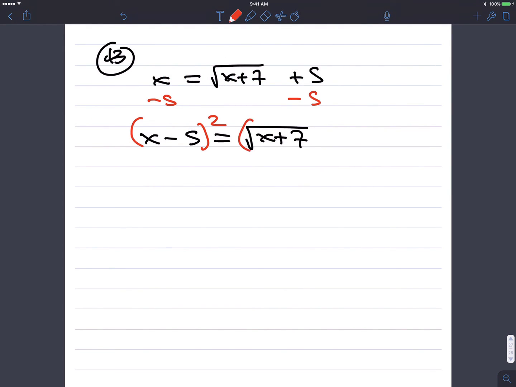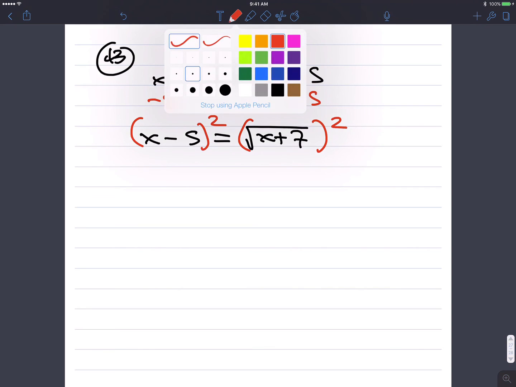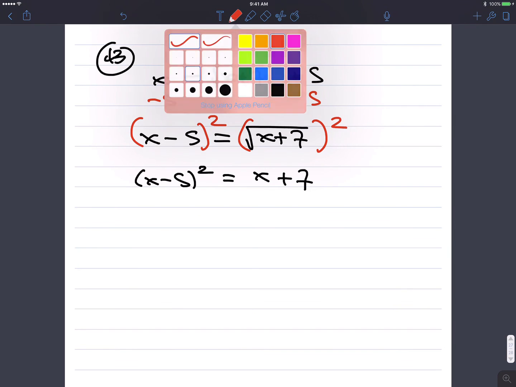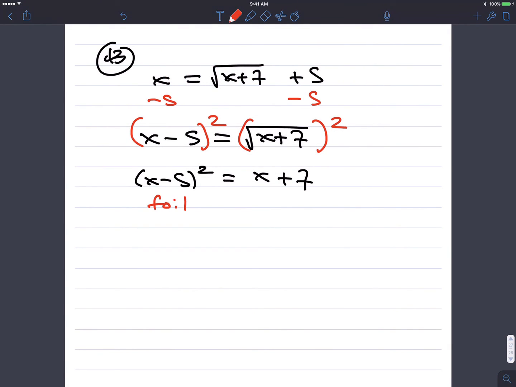Square both sides again. We get x minus 5 to the second power is x plus 7. My radical went away on the right side. Now, on the left, we use FOIL.